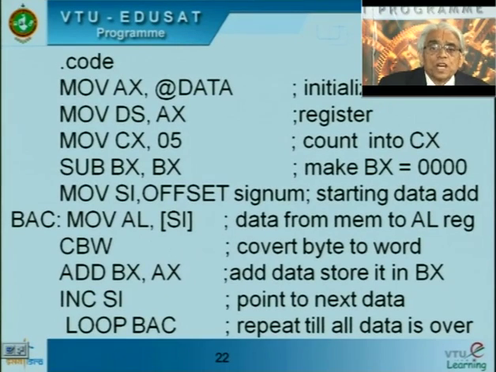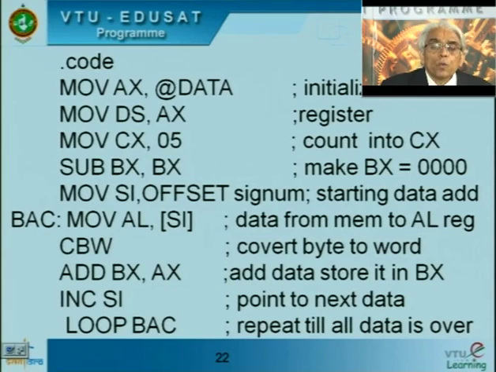The first instruction is MOV AL, [SI]. That means it is register indirect addressing mode. The data from the memory location whose address is given in SI is brought into the AL register. Since we are dealing with signed numbers, we don't want errors in the program, so we convert the content of AL with sign extension from byte to word.